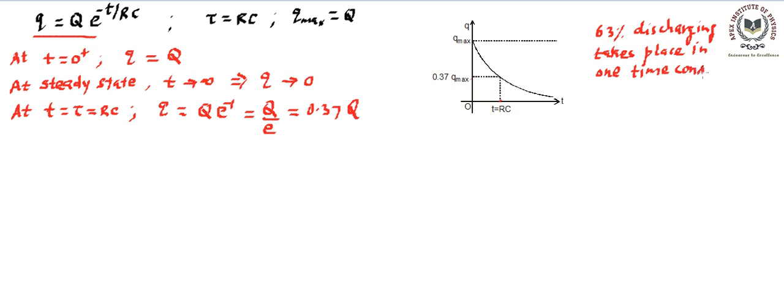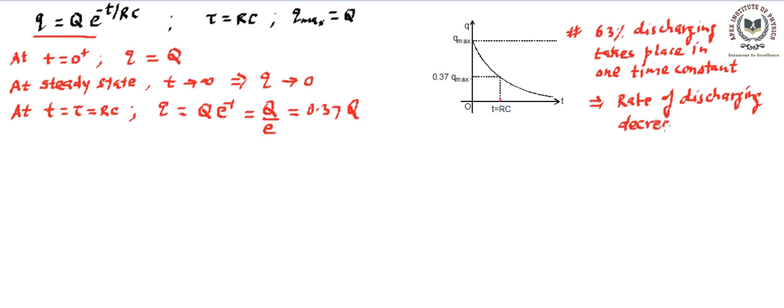What this indicates basically is that discharging is very rapid initially. So when we say within one time constant 63% discharging of the capacitor has taken place, that means the initial rate of discharging is faster. As the time passes, the rate of discharging decreases.